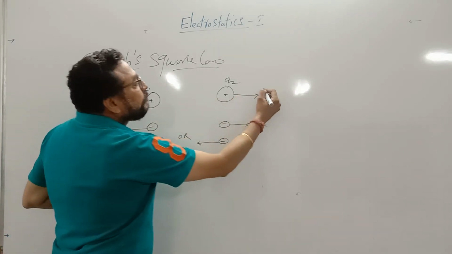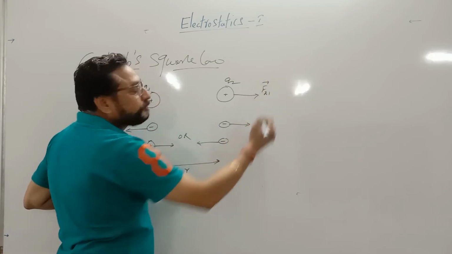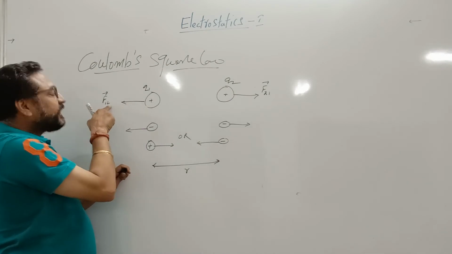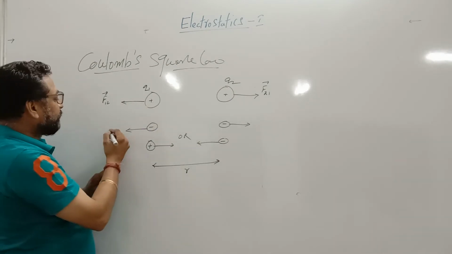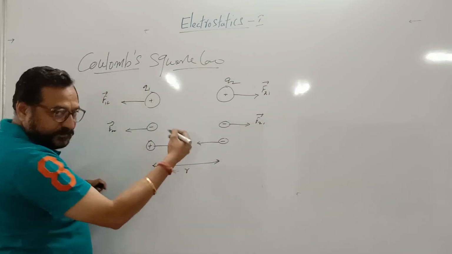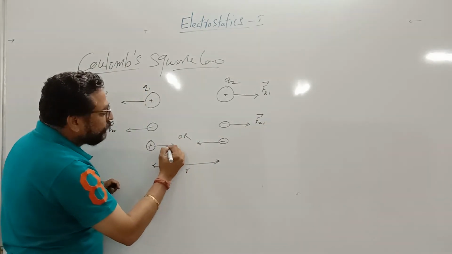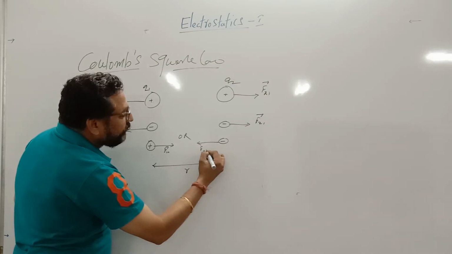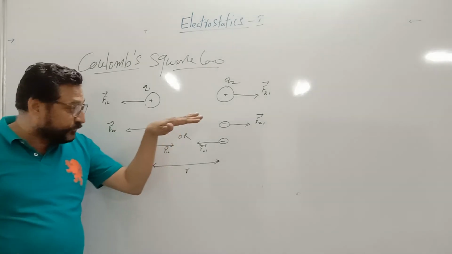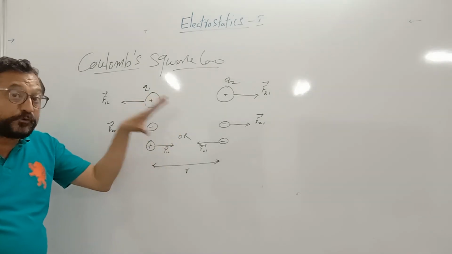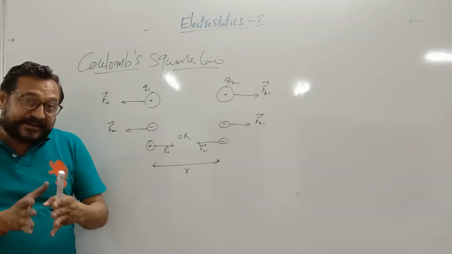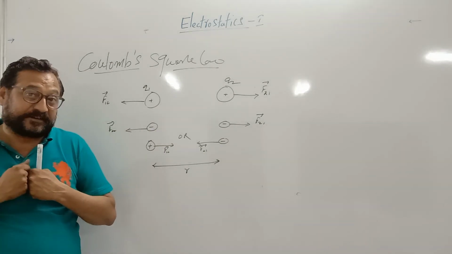On second, first is applied: F21. This is the vector form, F12 and F21. It means in both conditions, the force of attraction or repulsion, these forces are acting in opposite directions.